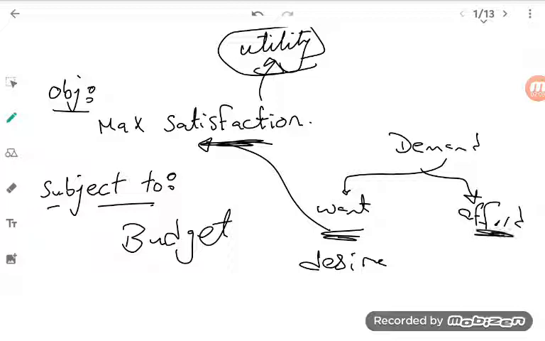And you can afford is related to money or budget. So we are going to talk about the two main conditions in order to make a demand for a product. So let's start with budget.